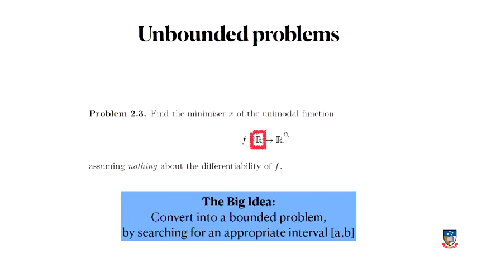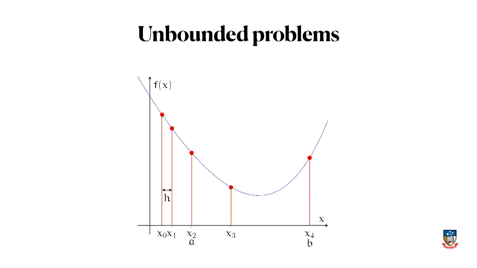We can use our dichotomous or our golden section search or whatever we want. So if we can find an a, b here that contains the minimum, then away we go. We can just use everything that we've learned so far. So how do we do that? How do we find an interval that covers the minimum?